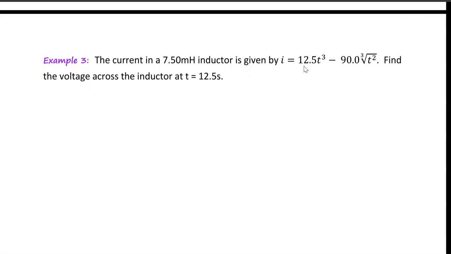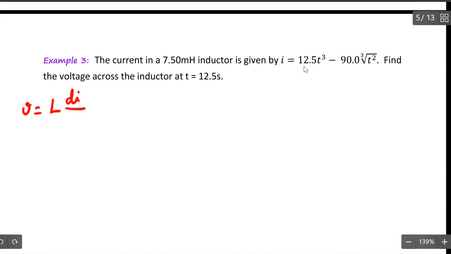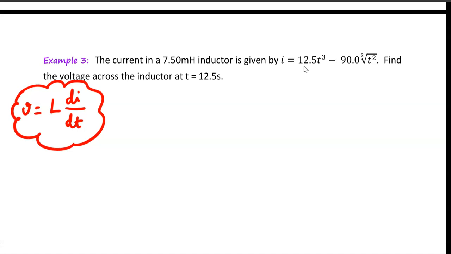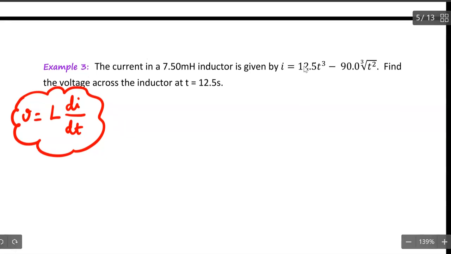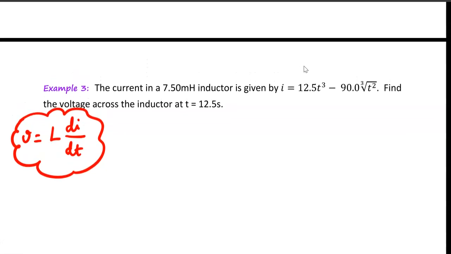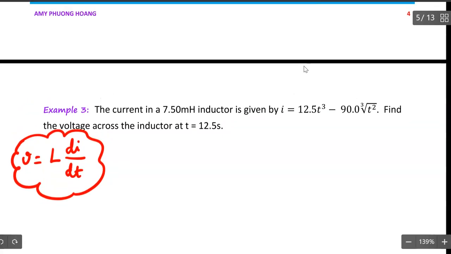So in this case, you know that the formula you should be using is V equal to the value of the inductor multiplied by the derivative of current with respect to time. Even though they don't say instantaneous voltage, we know that at that moment of time, we have a certain value for the voltage.